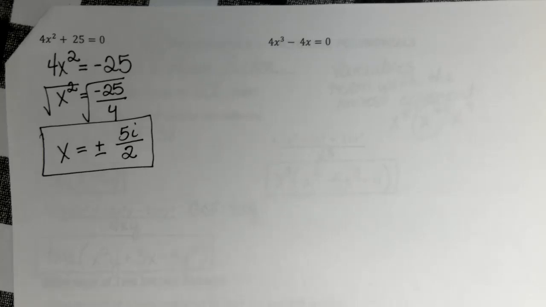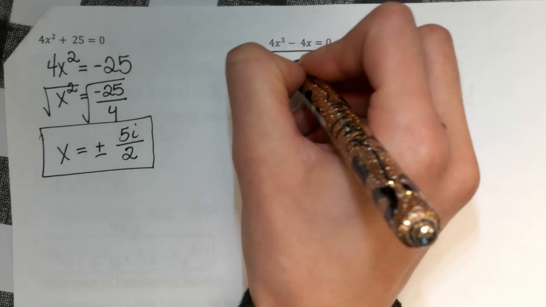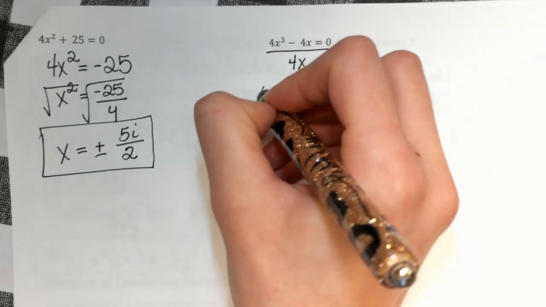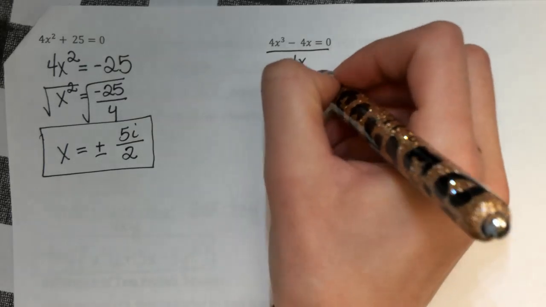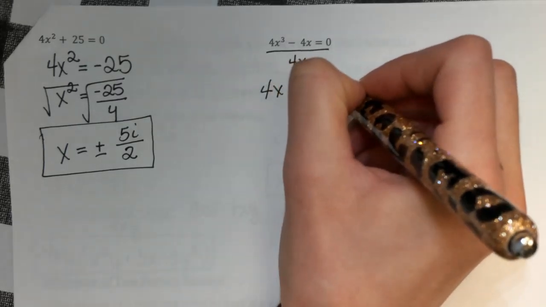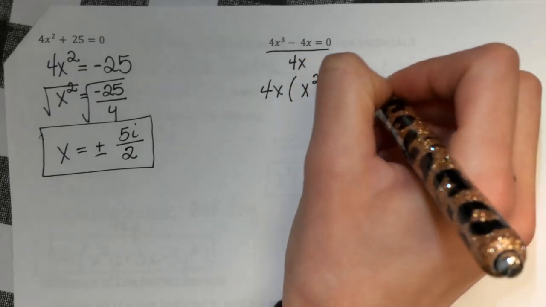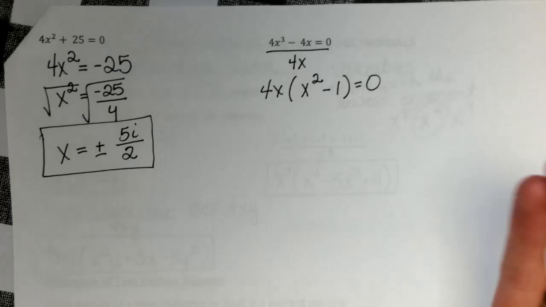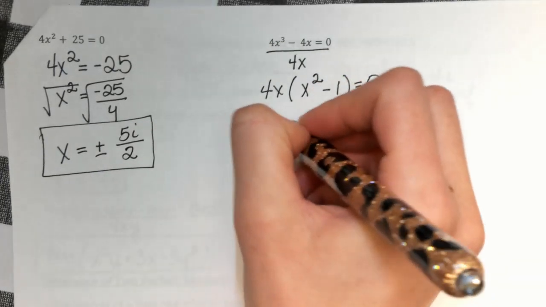All right. 4x cubed minus 4x equals 0. What do I do? Factor out 4x. Okay, so 4x times, that leaves me with x squared minus 1. Very good. Can I factor that further? Yes.